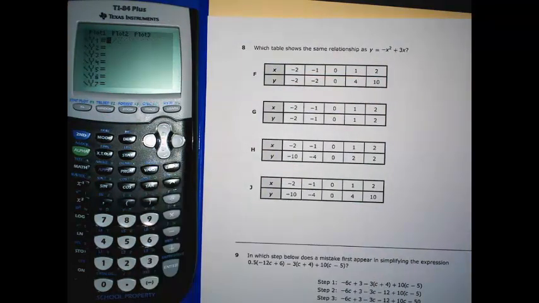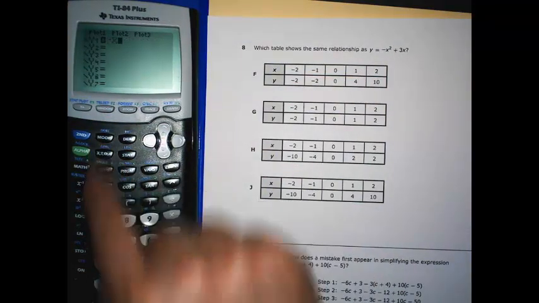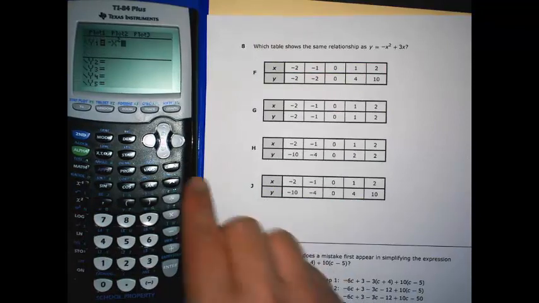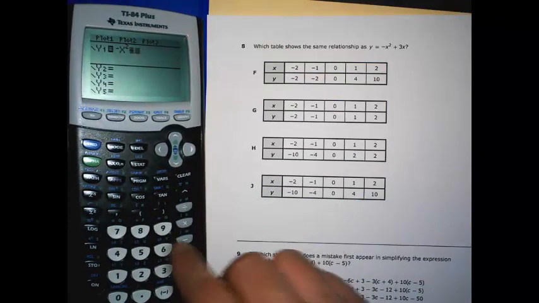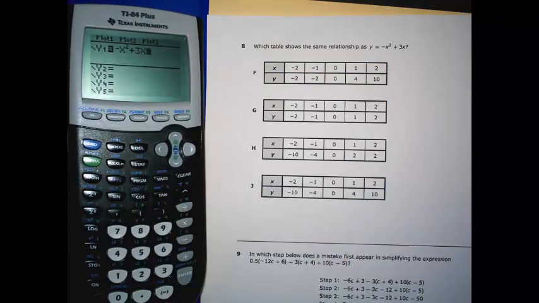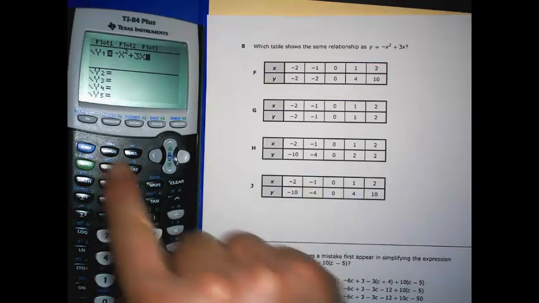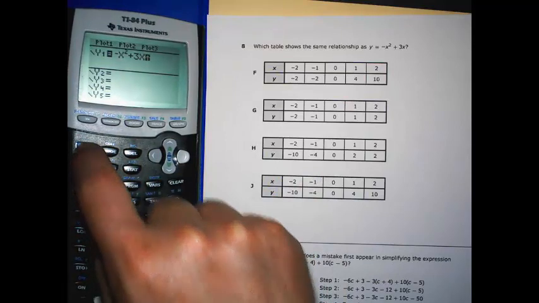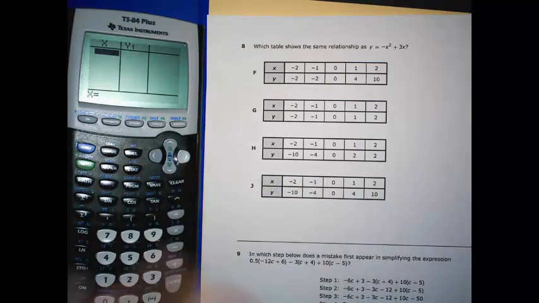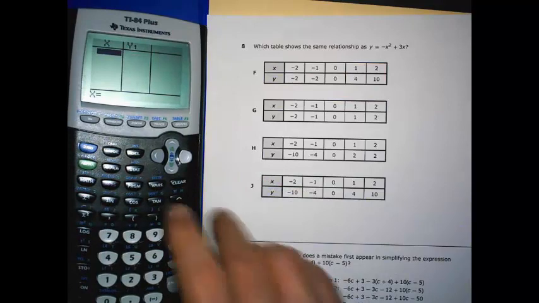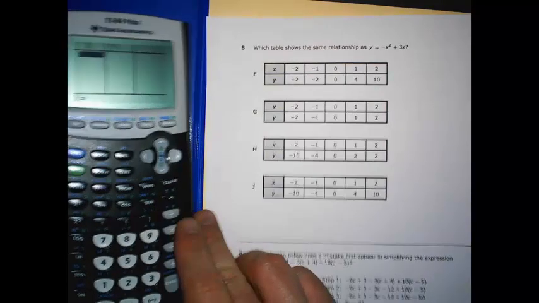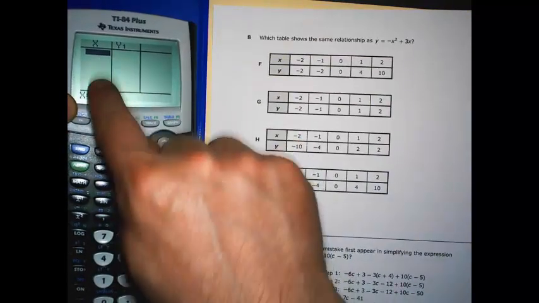So let's clear. Let's enter the new equation, x squared plus 3x, right? And basically I have that. Now we're going to use the table function. We're going to press second table. Remember the setup that we did at the beginning of the test? We make sure that the calculator is going to ask for the x value.